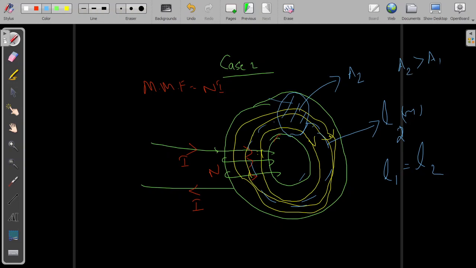That means the ease with which the flux lines are flowing got increased, right? That means the opposition to the flow of flux lines got reduced. That is our observation: opposition to the flow of flux phi is reduced.